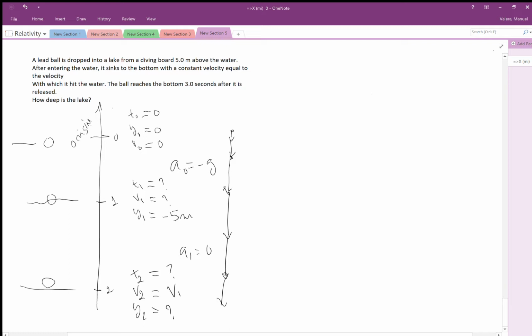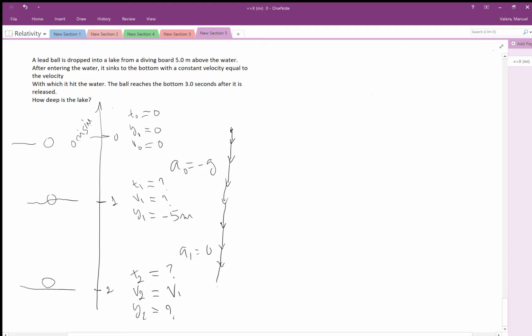These arrows here are supposed to have the same length, but maybe not because of my drawing. So let me erase this motion diagram and try it again. So this is velocity increasing right there, and then after that constant speed.